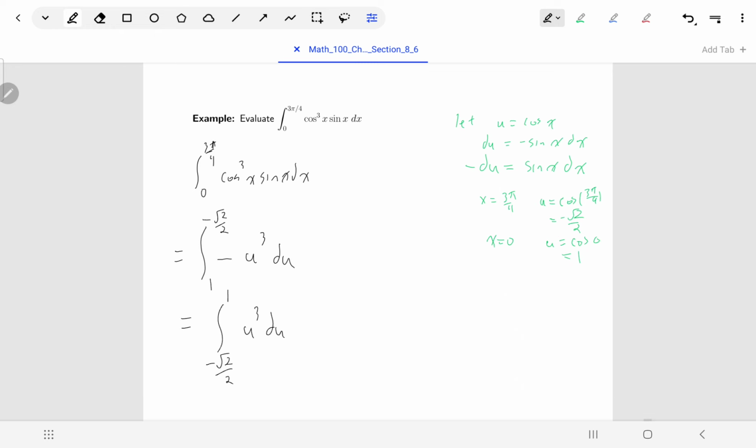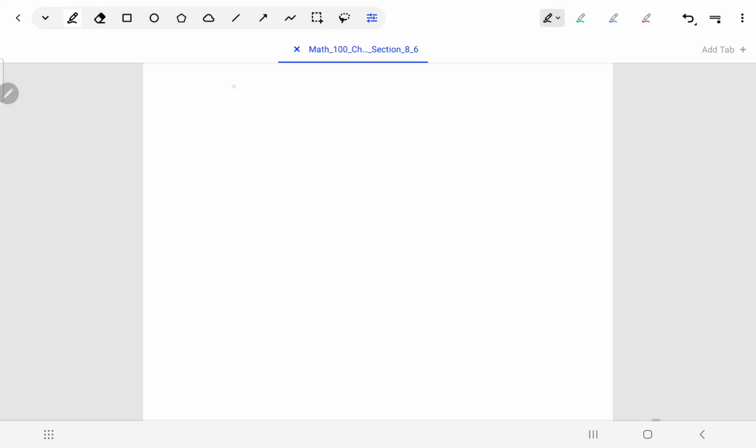Okay, so now we're pretty much ready to go, because the only thing that I have to do now is just integrate and evaluate. And so when I do that, I have u cubed du, which is u to the 4 over 4, or 1/4 u to the 4. And I'm going to evaluate that between my u value of 1 and negative root 2 over 2.